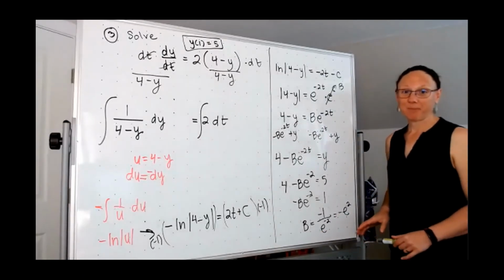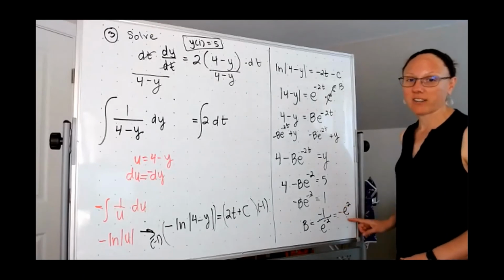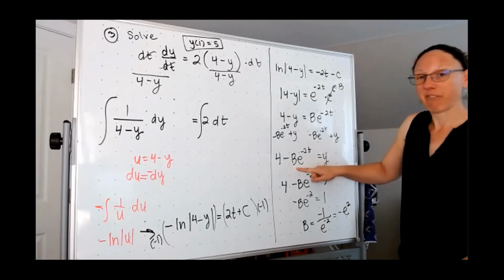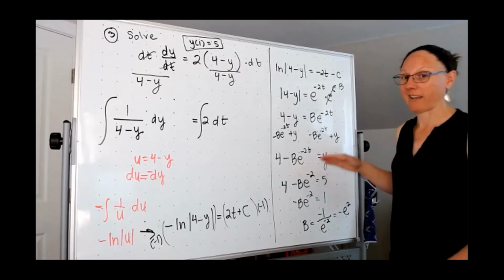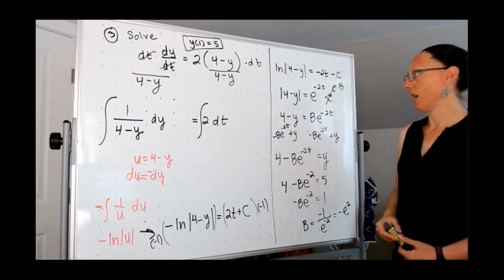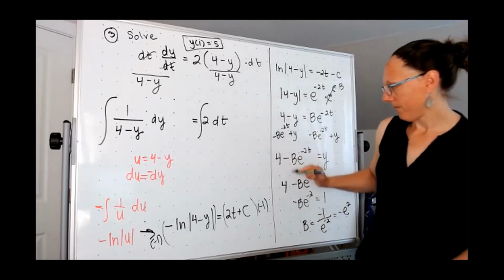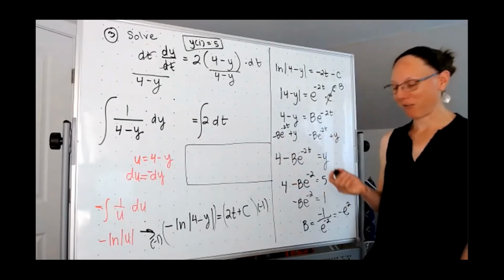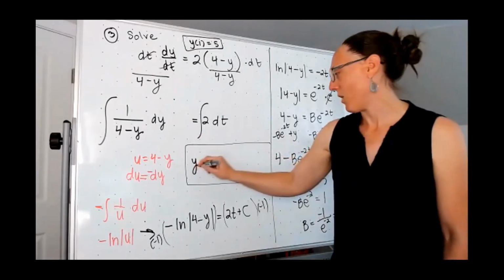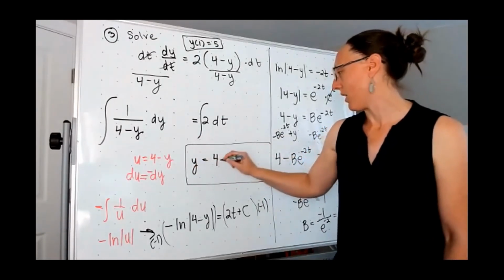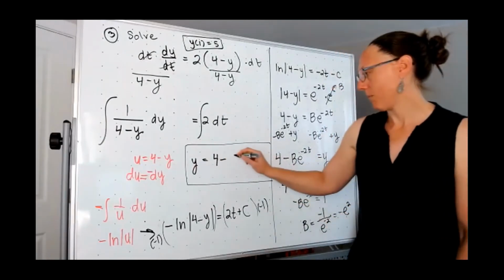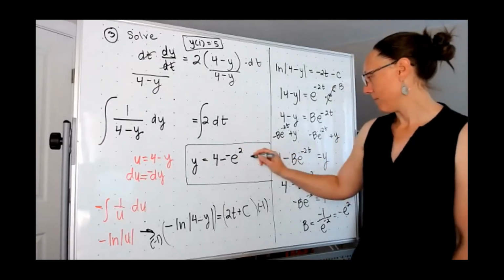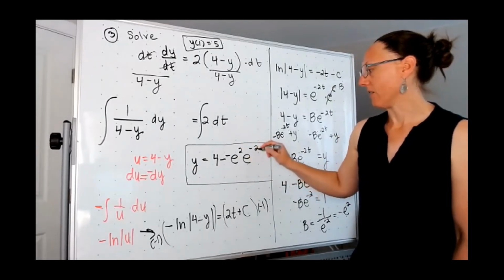We're not done because we now have to take that constant and plug it back in right here for b to get a final answer that looks like y equals some stuff. I'll punch a hole right here to put my final answer of y equals 4 minus, and b I wrote as negative e squared, and then we've got e to the negative 2t.